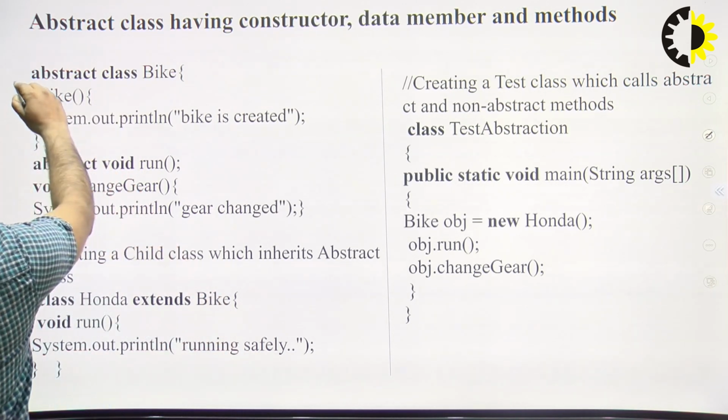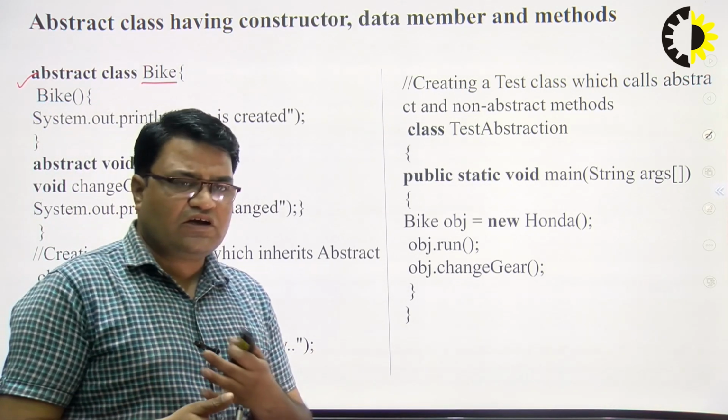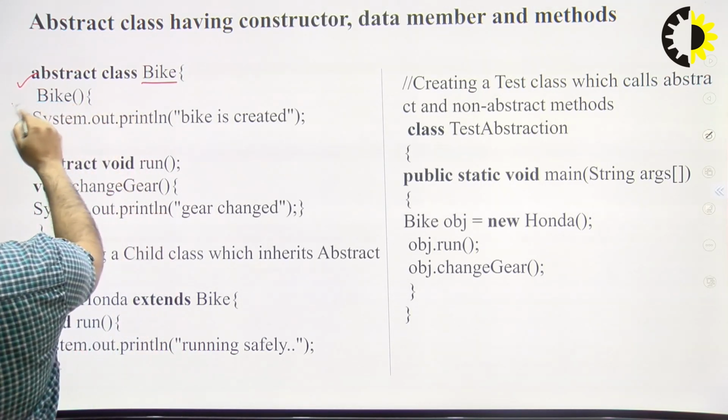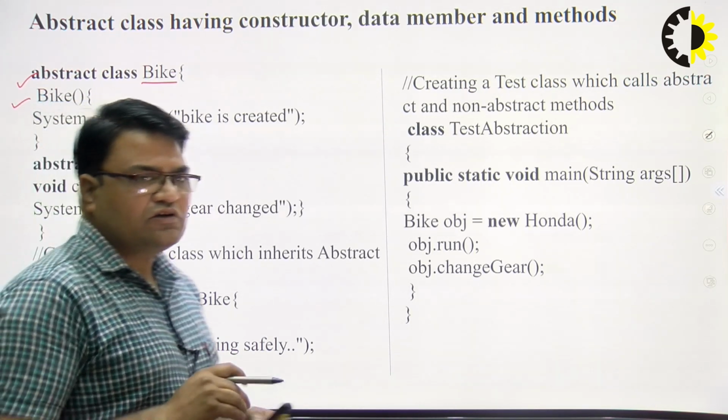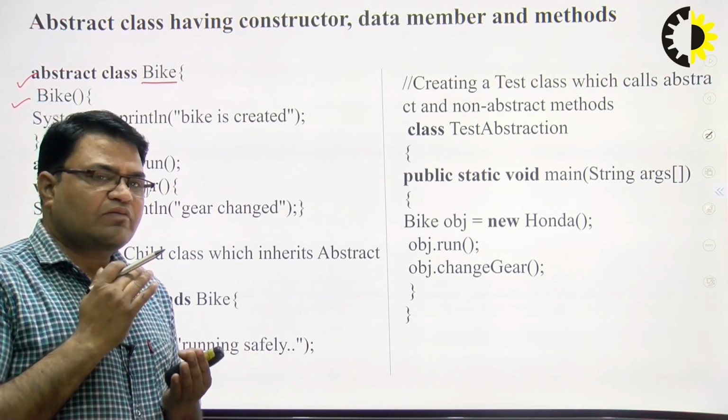Here is a class Bike, and Bike has an abstract method and also a constructor. How to recognize a constructor? A constructor has the same name as the name of the class.